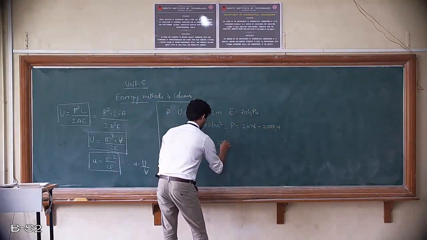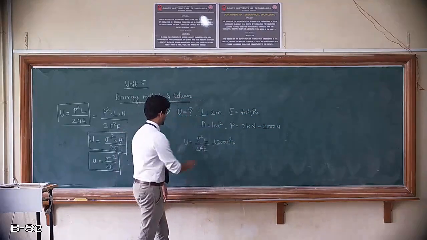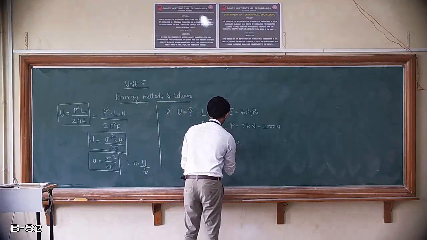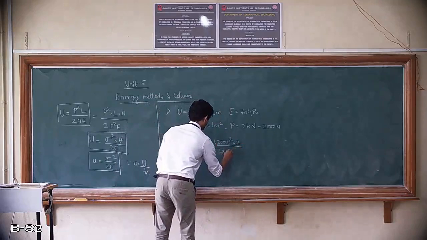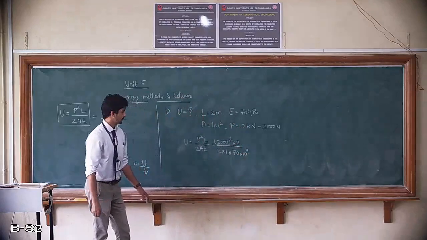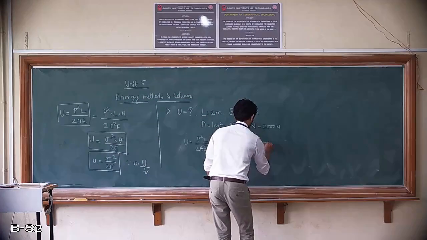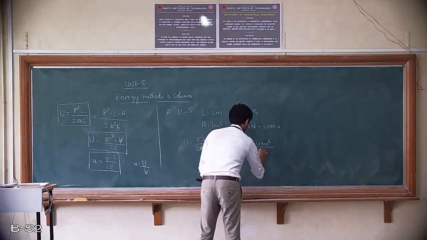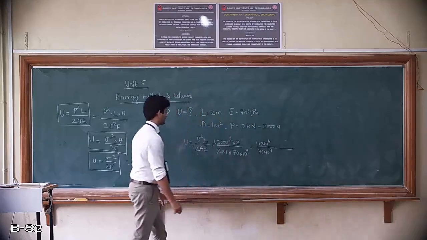So 2000 square, let us keep everything in SI, length is 2 meters, 2 times cross-sectional area 1, Young's modulus 70 GPa, that is 70 into 10 power 9. If you resolve this further, you get a certain value.